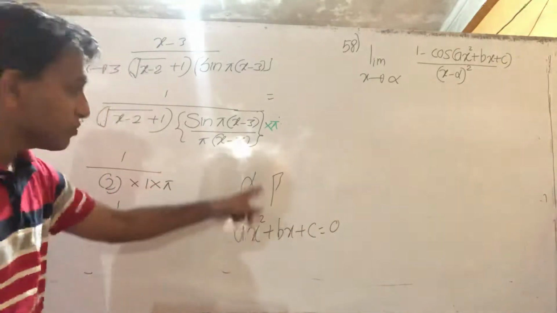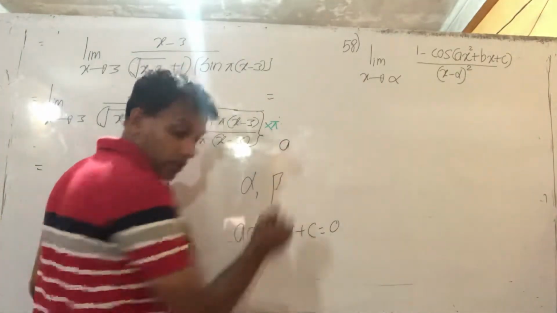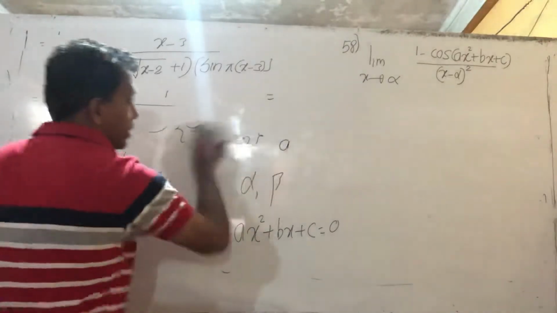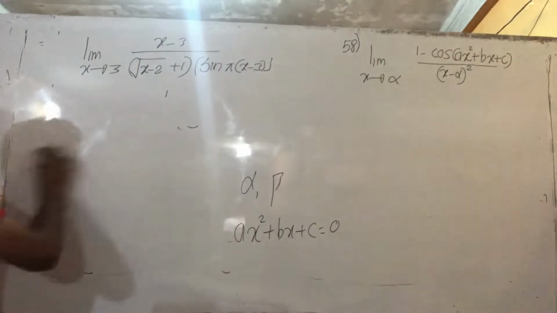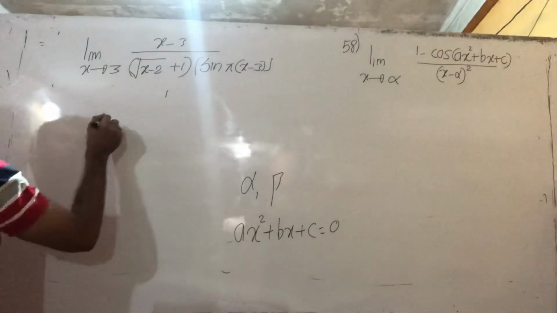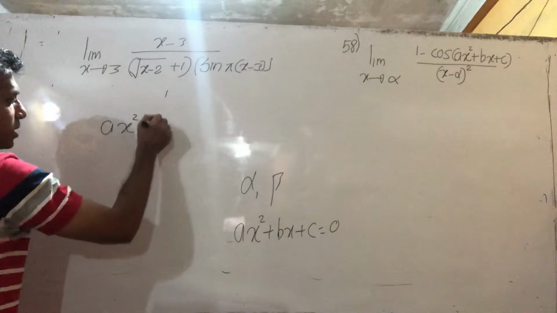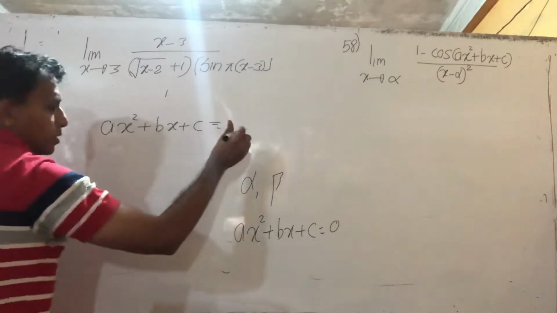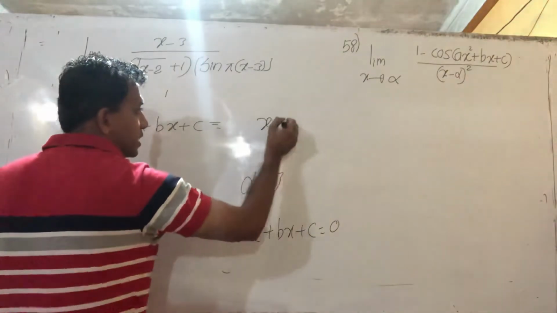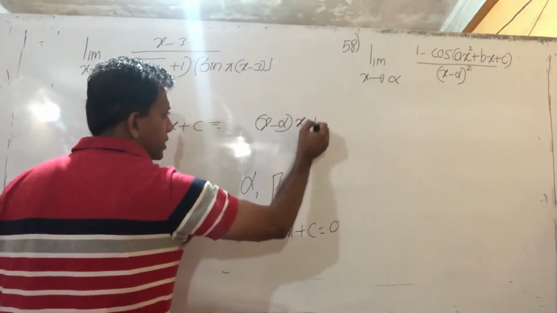So can I write this form before I go to the answer? You can write this ax square plus bx plus c form. I can say ax square plus bx plus c equal to what? x minus alpha, is it okay? x minus beta.